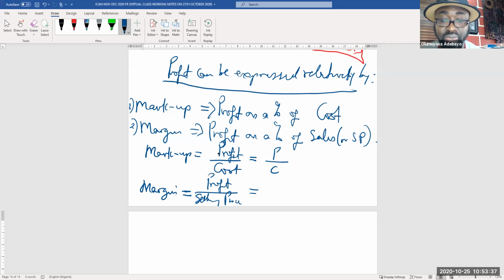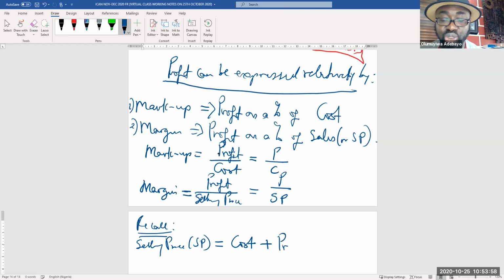Remember, which is P over what? SP. Now recall that your selling price, which is SP, is always determined with reference to your cost plus the profit you want to make on that cost.